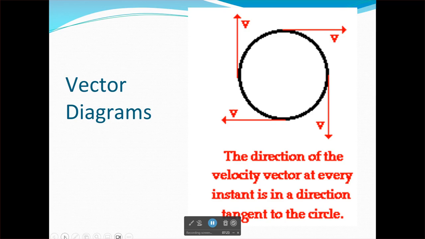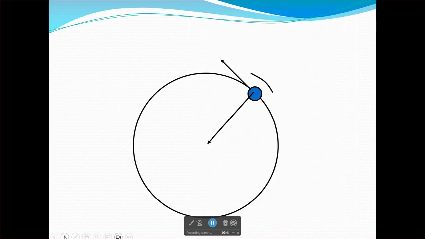That's just an example of how the angles can change, but the magnitude of that vector stays the same. So the speed will stay the same, but the reason it's a velocity vector is because the angle of that object is always changing.